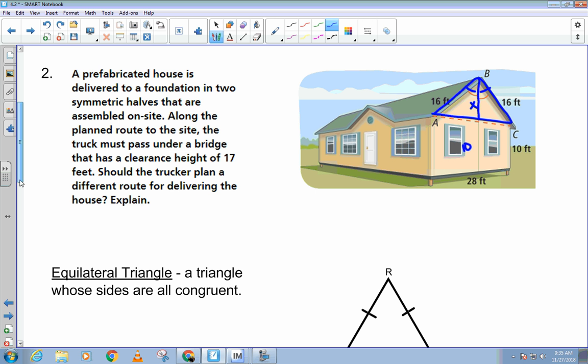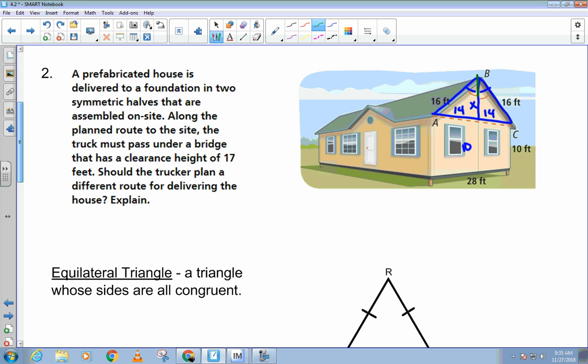So these two angles there are equal. And when they break it in half, it bisects that angle. What does it do to the opposite side? It breaks it too, right? And since all the way across is 28, each one of these pieces is going to be 14. With me? Okay.